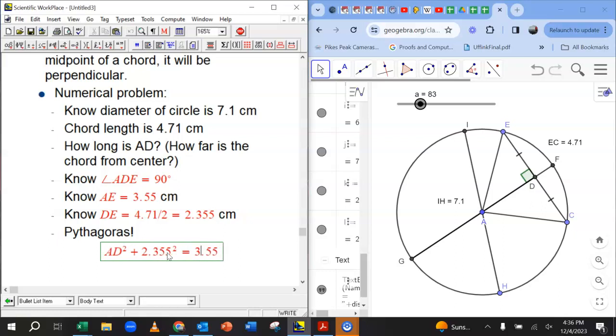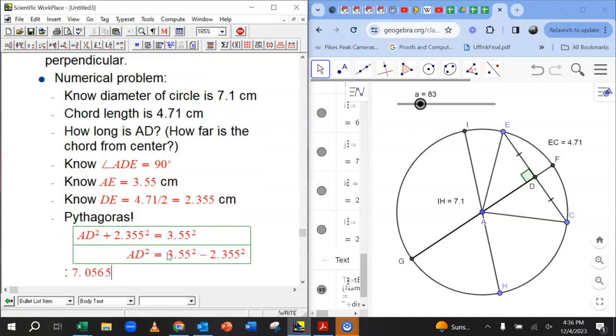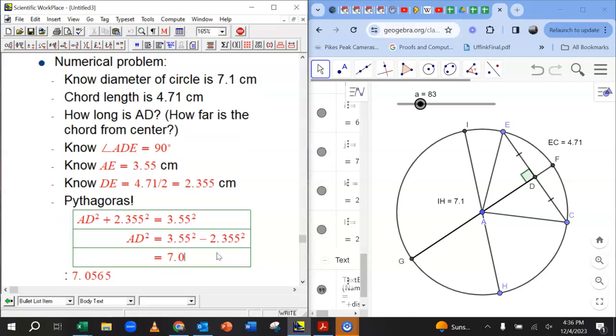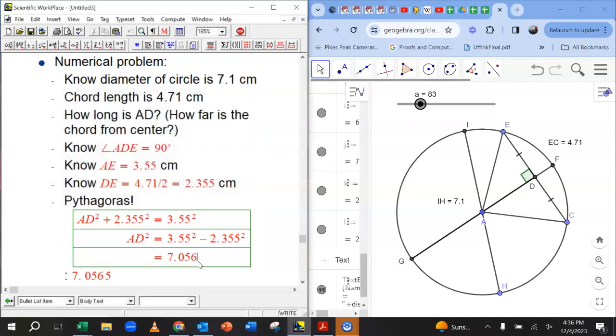Oops, I need an equals. 3.55 squared. So that's going to be the difference. Let's go ahead and calculate that. That's 7.0565. And that's not what I wanted. Sorry about that.